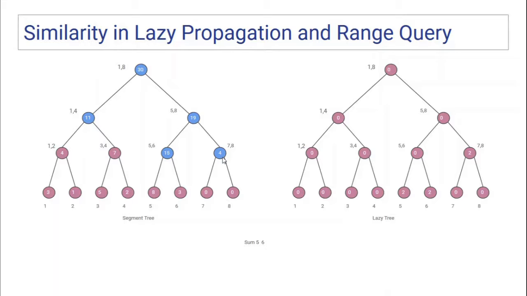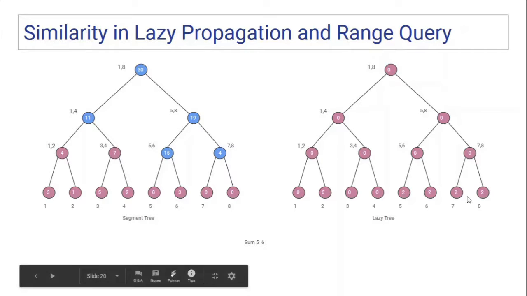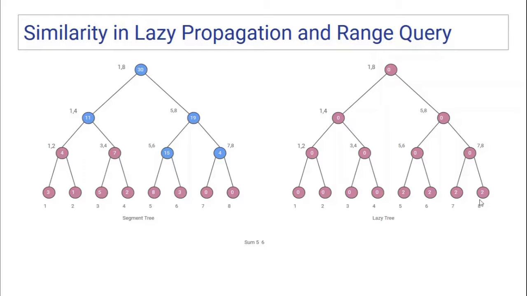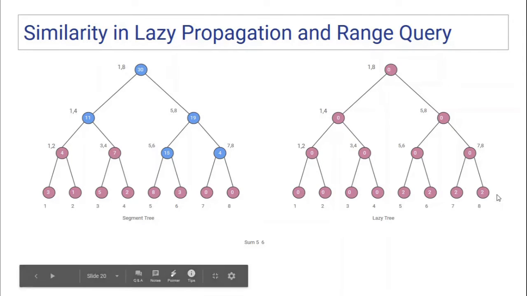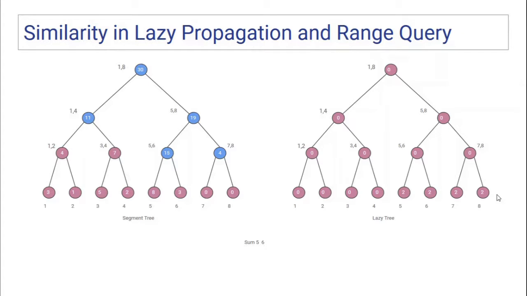After you have updated this, you would pass this pending update to your child. So you will set this to 0, but the left and the right child will be incremented by 2, indicating that these two nodes have to be updated in future if you come to these nodes during a certain range query process.